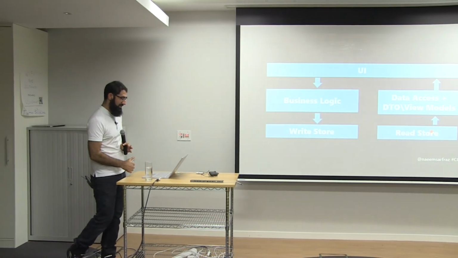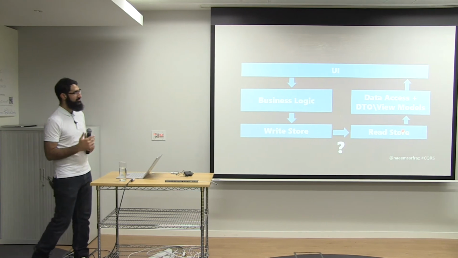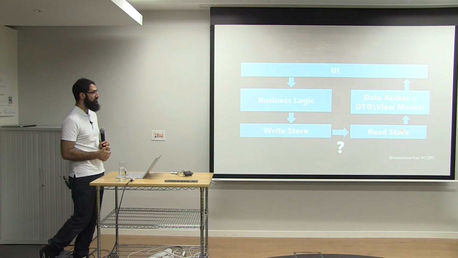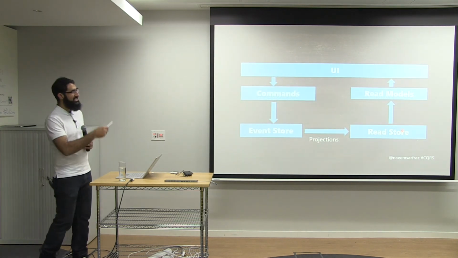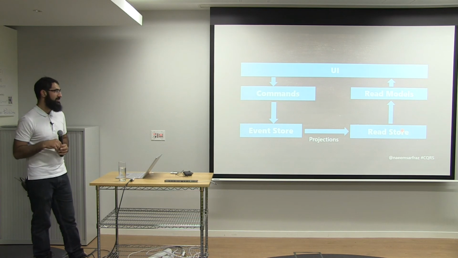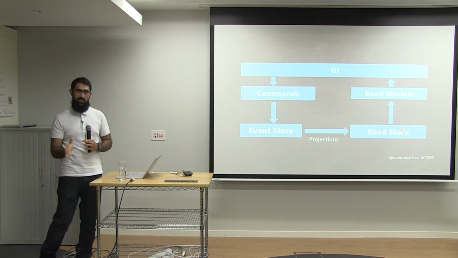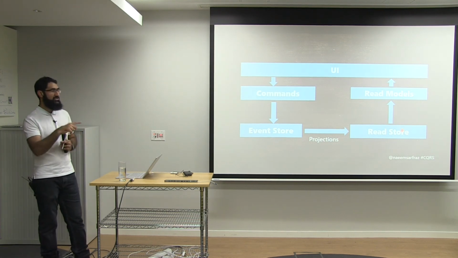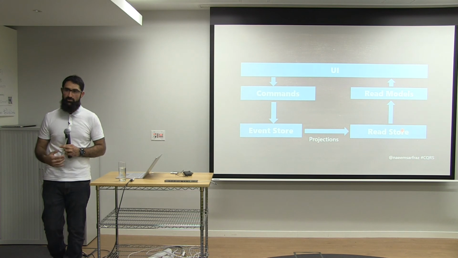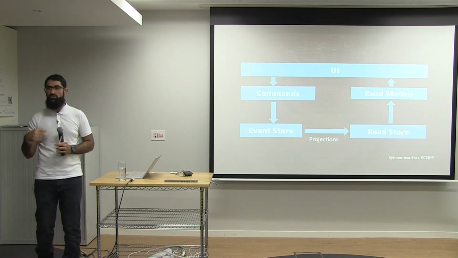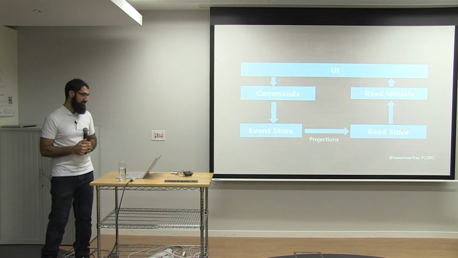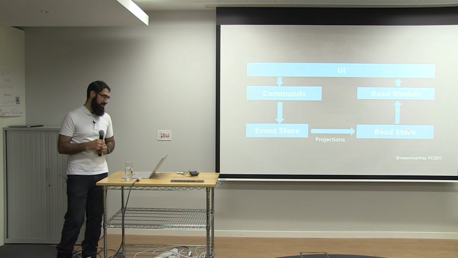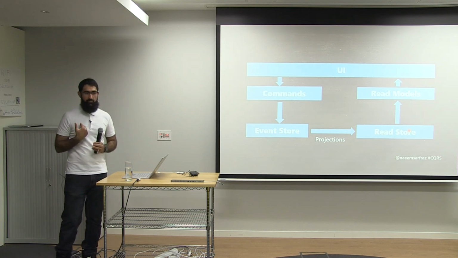If I go back to the architecture that I showed before, the way it changes now is that commands come into the system, and we can store those commands as this append-only stream, and then from that we use something called projections to create different read models, so that those read models can be consumed wherever they need to be consumed. This is quite a challenging way of architecting the data, but for some scenarios it works quite well.